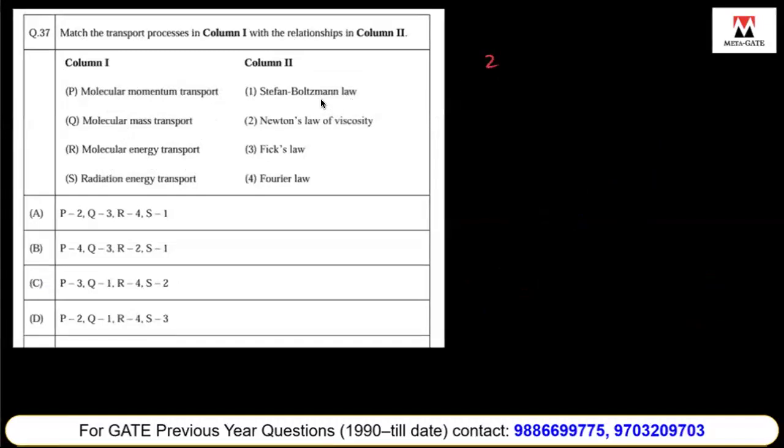The molecular mass transport is given by diffusion of mass within a fluid, so it is Fick's law. So Q is 3. And the molecular energy transport involves the transfer of thermal energy within the fluid. It is given by Fourier's law, 4. And the radiation energy transport, the propagation of energy through electromagnetic waves, is characterized by Stefan-Boltzmann law. So S is 1. So it is 2, 3, 4, 1.